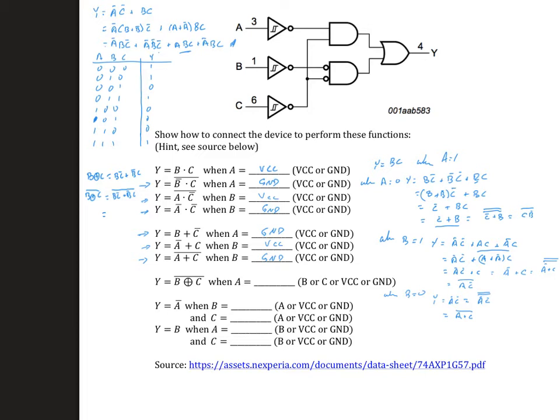Well, maybe instead of doing that, let's go back and just say what B XOR C bar is. If we draw a little diagram here, this is B and C, and then this would be B XOR C bar.